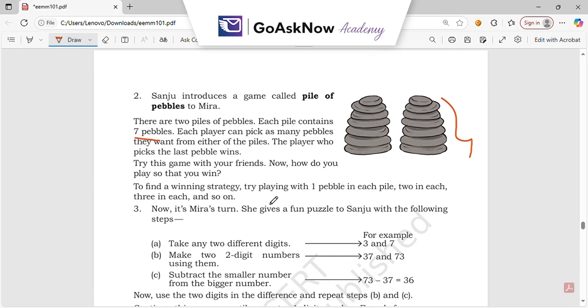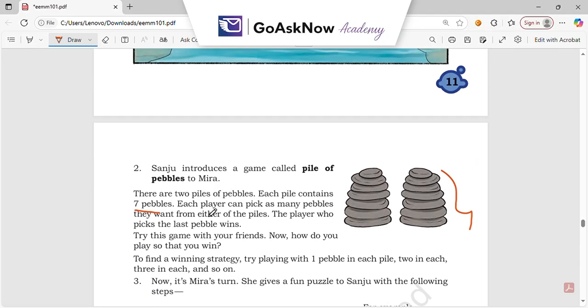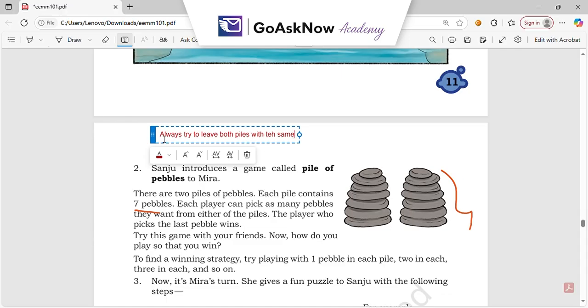To find a winning strategy, try playing with 1 pebble in each pile, 2 in each, 3, and so on. You have to play this with your friends. Let me give you the strategy to win. Always try to leave both piles with the same number of pebbles after your turn.